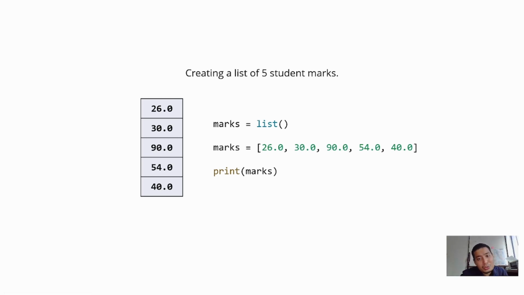But if you include the first line and then you put those declarations, so the first line is known as the declaration. You are declaring that a variable is of a particular type. Here, for example, marks is a list, okay.